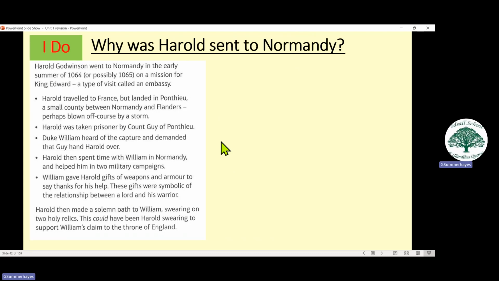So it's not surprising that in 1064, possibly 65, Harold, being the second most important person as the eldest Godwin now, and the Earl of the strongest earldom, was sent to France, to Normandy.